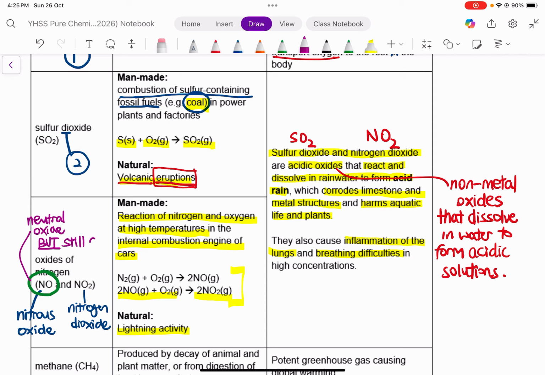It's still dangerous because it still can form NO2, right? If I produce nitrous oxide, it could react with more oxygen to form NO2, which is acidic. So nitrous oxide is still a pollutant because it is able to react with oxygen to form more NO2, which contributes to acid rain.